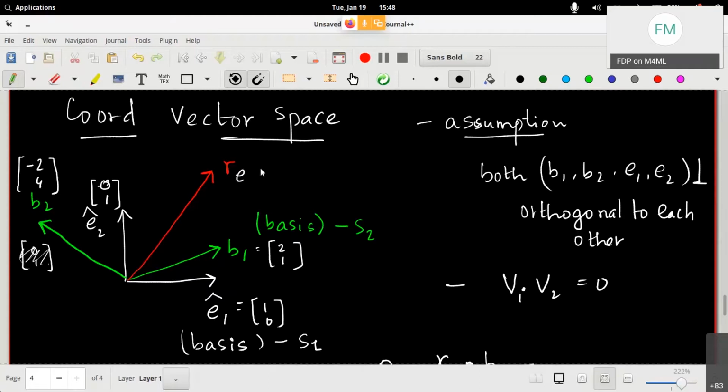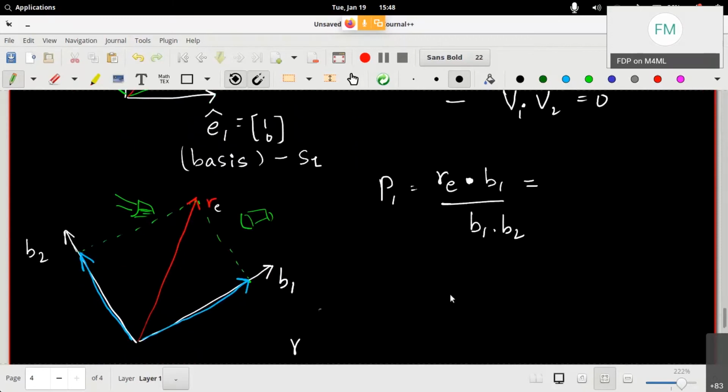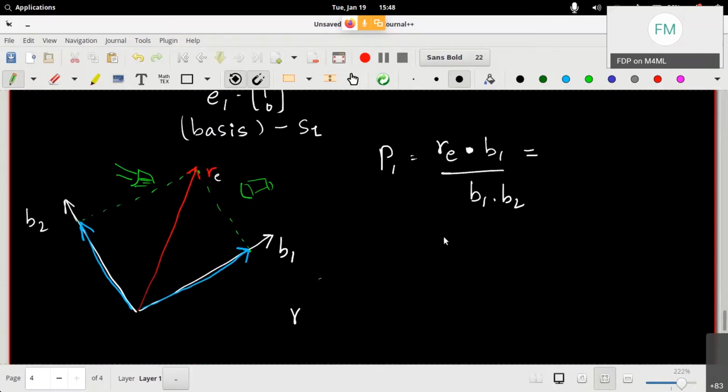So let's define what is RE. RE would now be, let's give some vector, let's say 3 and 4. Now using this knowledge, if I do a dot product of this, what do I get? When you project here, this will give you 2 times B1, and this would be half of B2.